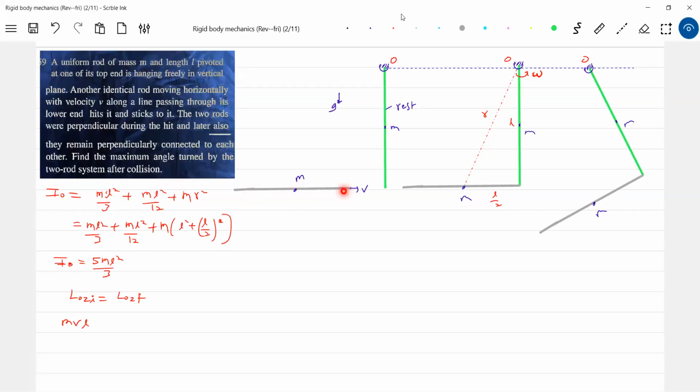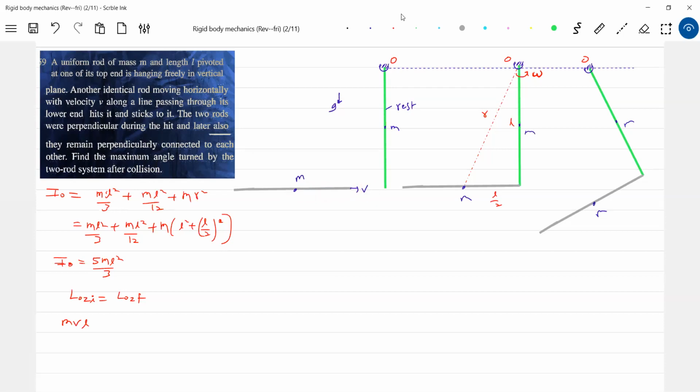Now I brought a rigid body. This is a rod itself. How do we write conservation of angular momentum? The same thing. L about O is equal to angular momentum due to rotational motion about the center of mass of a rigid body plus angular momentum due to translational motion of the center of mass. There's no rotational motion, only translational motion of the center of mass.